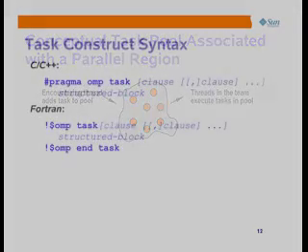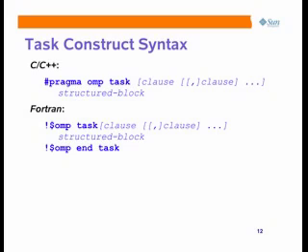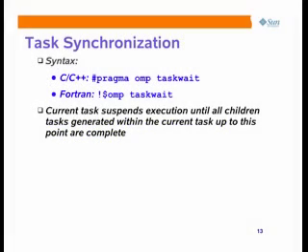A couple of directives that I'd like to mention here. There's the task directive that allows you to define where your task code is, and a synchronization directive, the taskwait directive. This taskwait enables the current task to suspend execution until all the child tasks generated in this current task up to this point are complete.